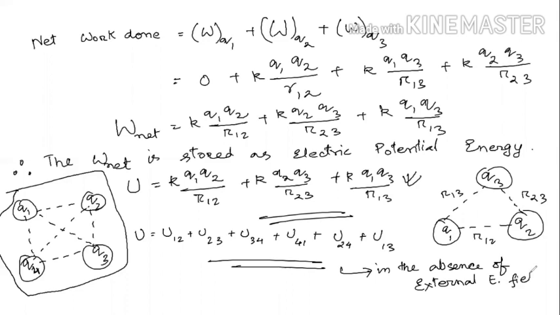We have not assumed any such field, but we are going to derive an equation where we have an external electric field. Because of that external electric field, the potential energy value gets a little modified.